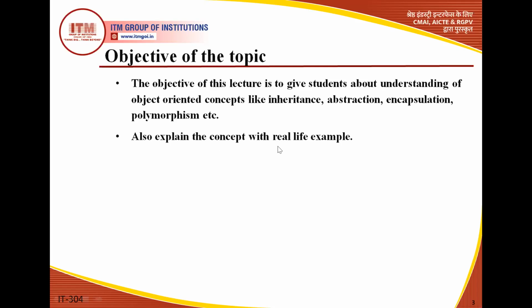Any programmatic problem, if you want to convert it into a program, then it is essential that you can relate that problem with real life. And how we can do that, we can understand in my upcoming slides.